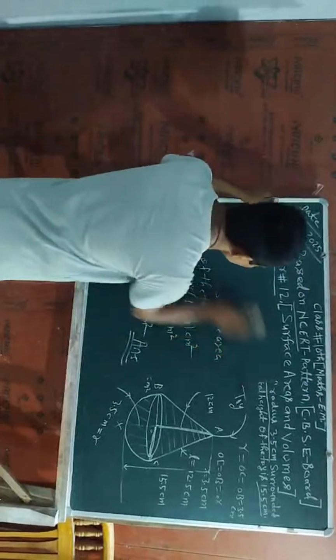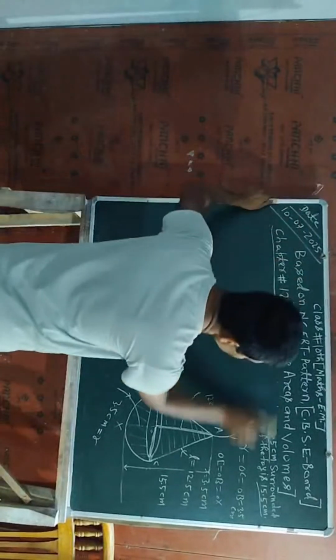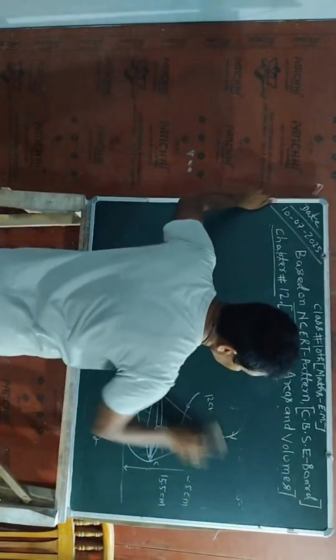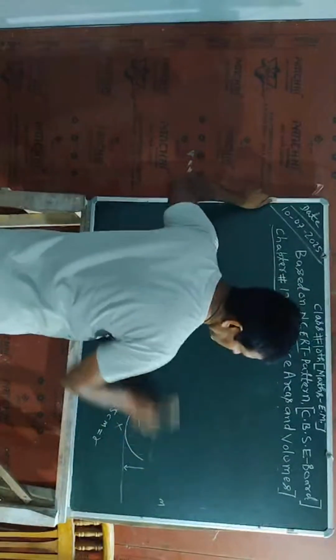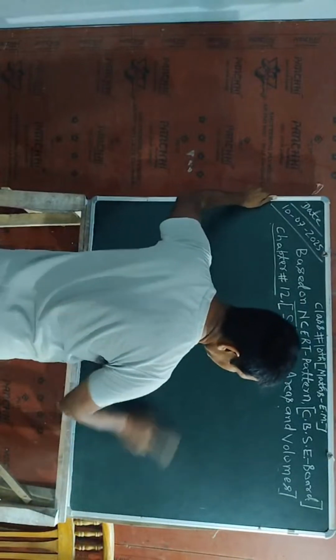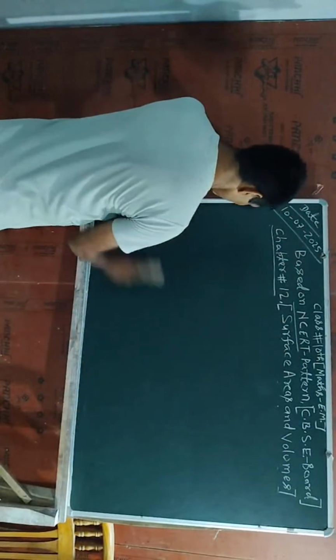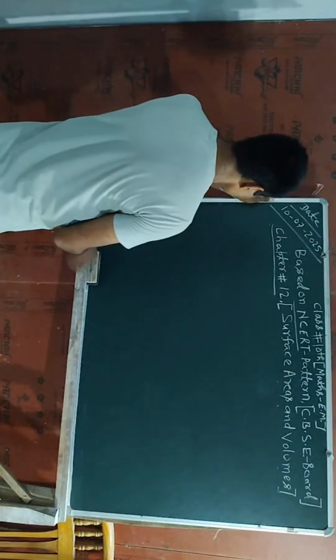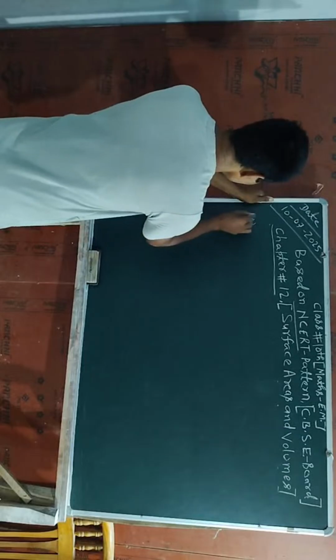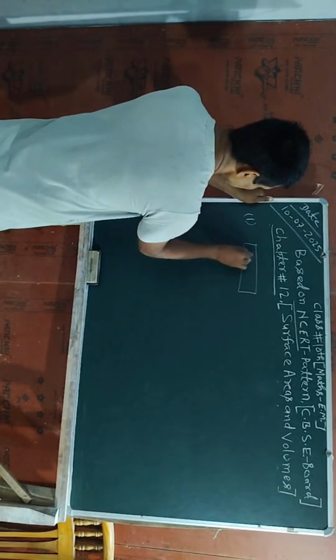So this is the question, and its solution is available here side. So I will remove it positively for writing other information of the surface area and also volume. Now other surface area I am going to write here: what is the area of a rectangle. This is the rectangle.